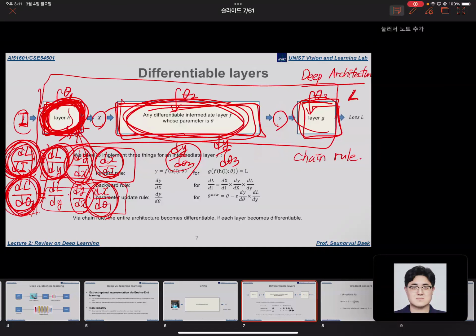So anyways, we can think of this Y as the final prediction from the deep learning architecture, and this layer is also the loss term. And let's say this loss L is the final value. We can think like that.